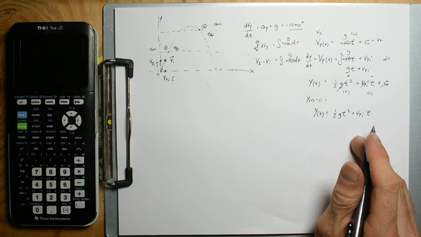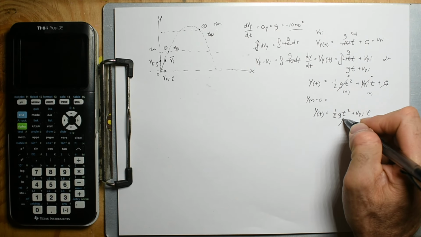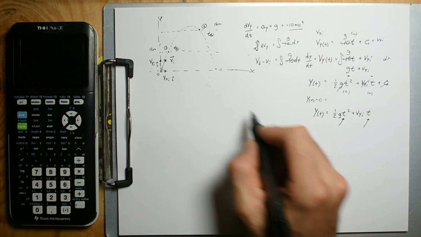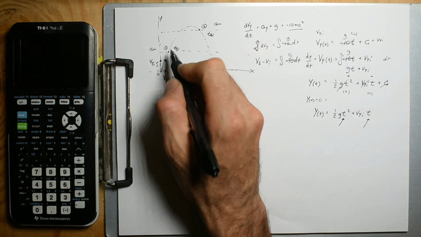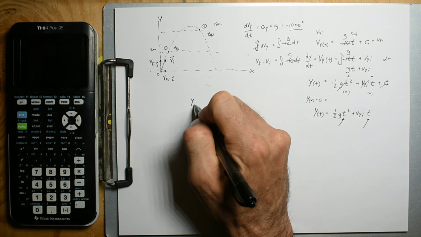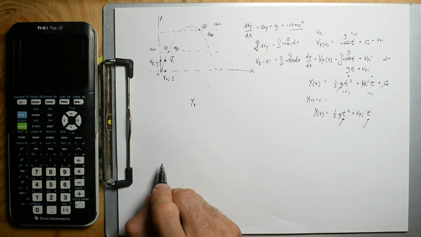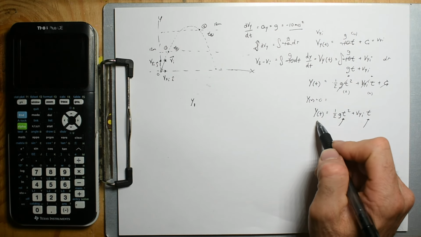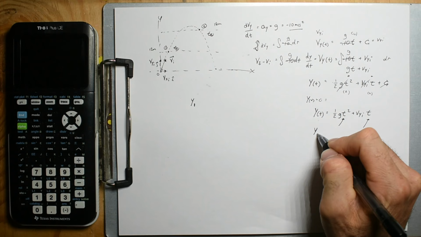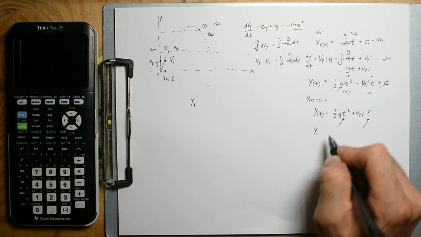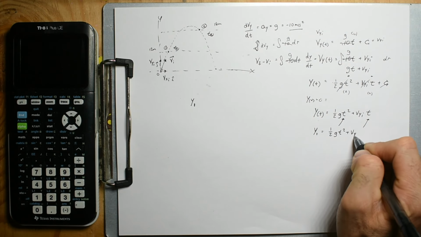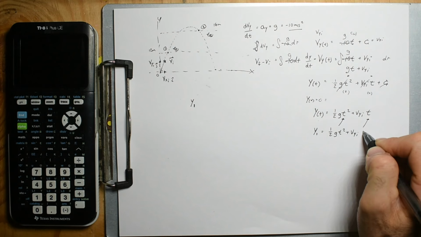And I need to solve for t, because I'm going to throw in the height at point 1. So I would say y at, when it goes through point 1, is equal to 1/2 gt squared plus the velocity y initial times t.